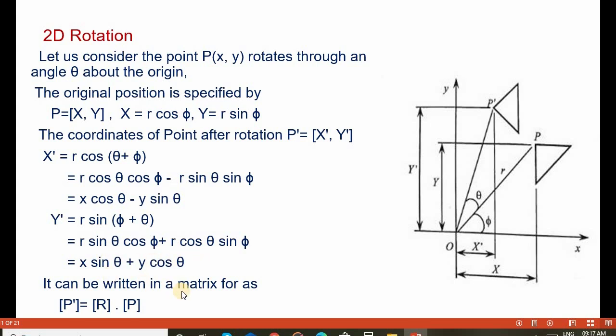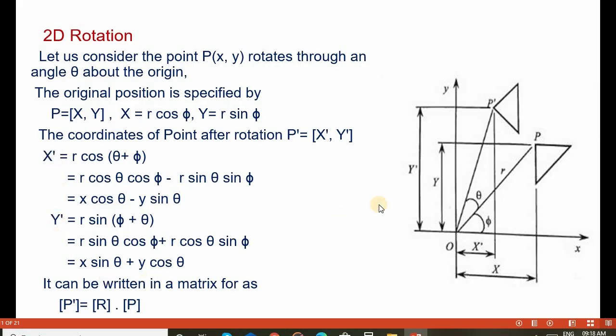So it can be written in matrix form as P dash equals R into P. R is the rotation by angle theta, and P is the initial point, x and y, where x is r cos phi and y is r sin phi. We add the angle theta, and we get x dash and y dash.